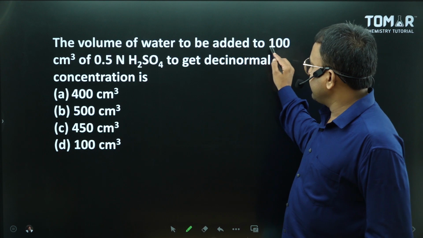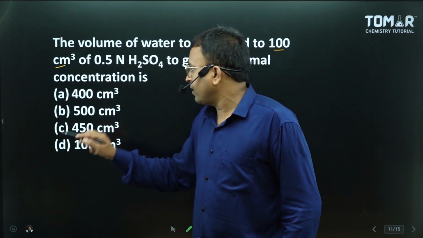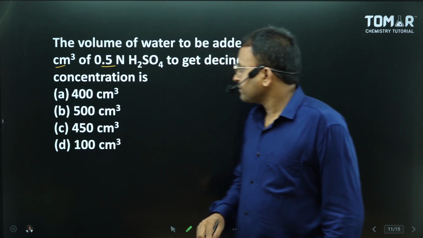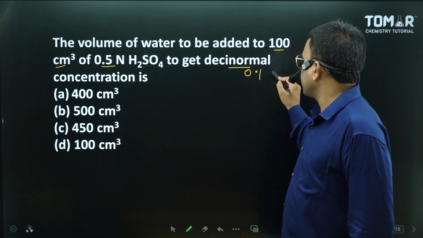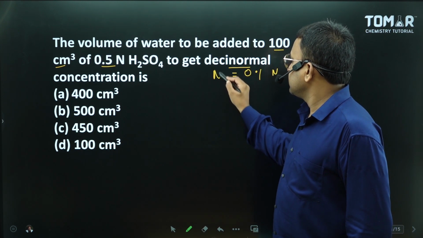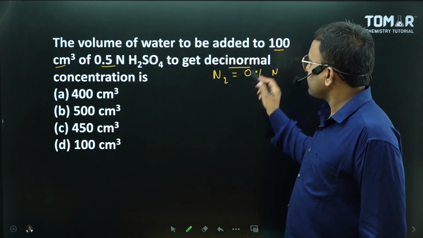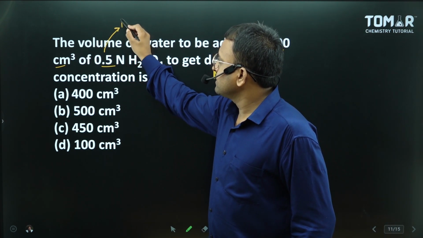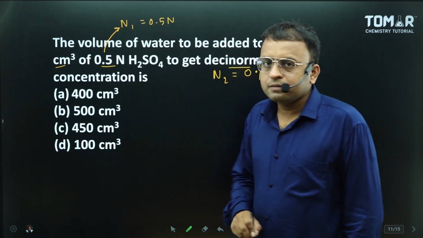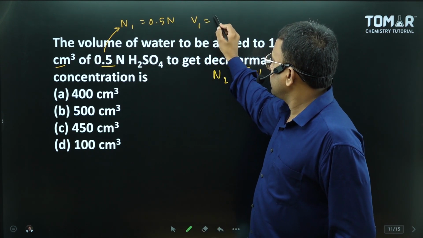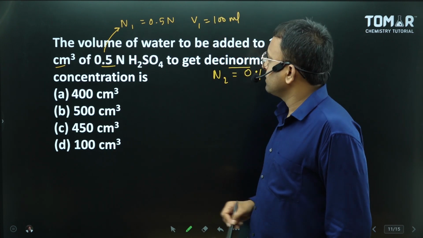The volume of water to be added to 100 cm³ of 0.5 normal solution to get decinormal, which means 0.1 normal. This is N2. Now N1 is 0.5 normal, V1 is 100 ml.